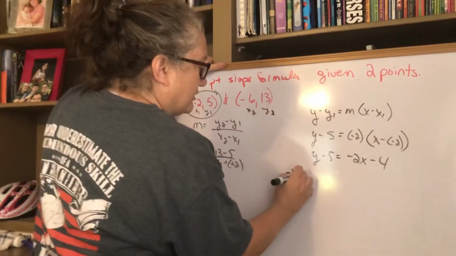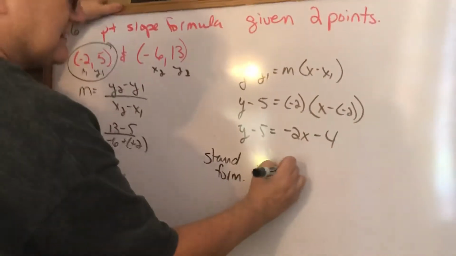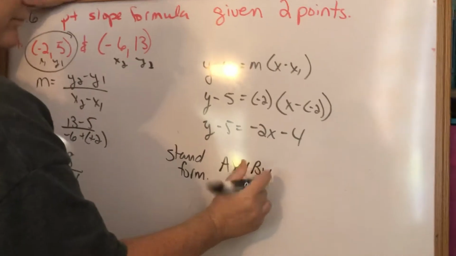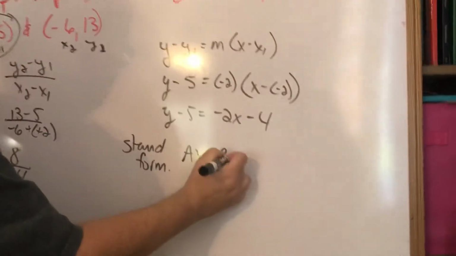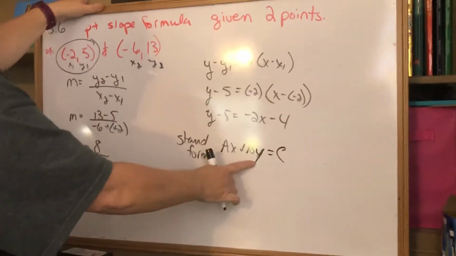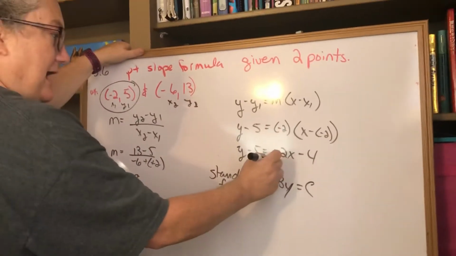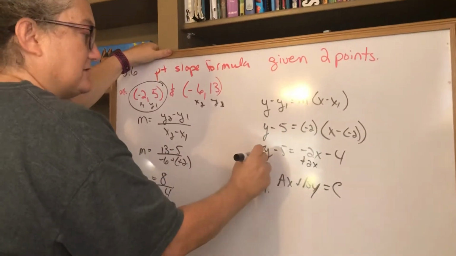Standard form is in the form ax plus by equals c. So I need to get the x and y terms on one side and the c on the other. So I'm going to do that by adding the 2x to both sides.